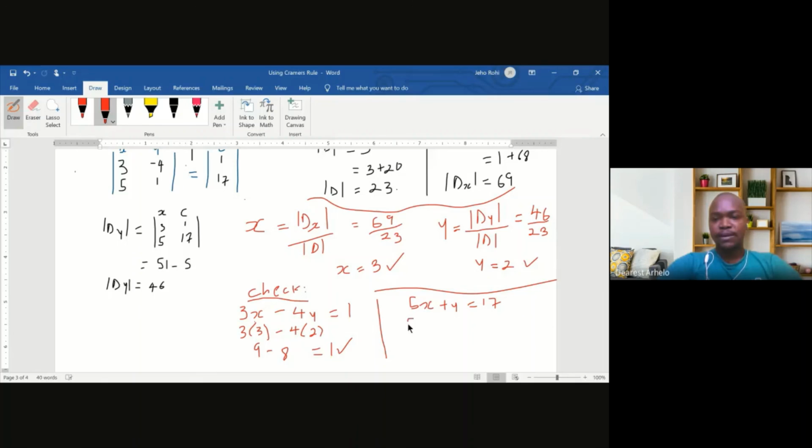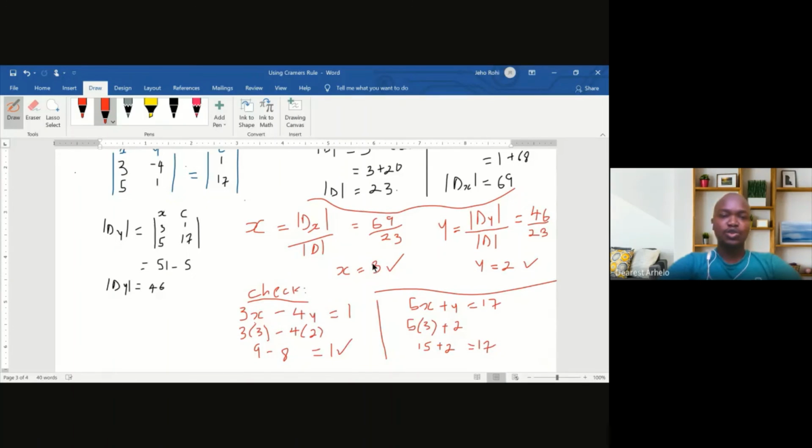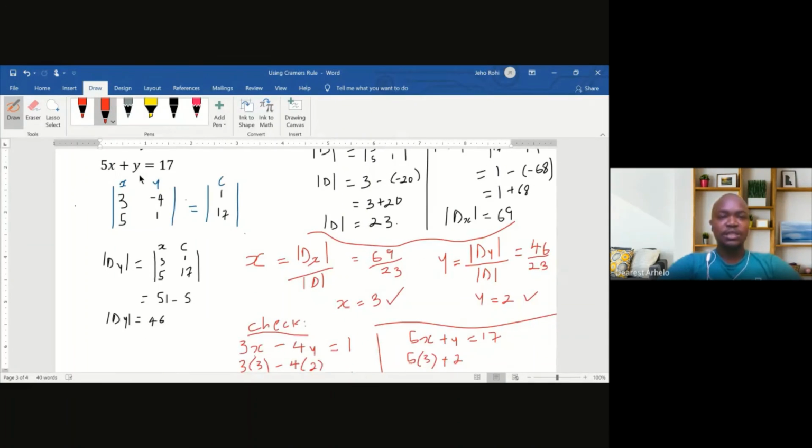So we have 5 times 3, since x is 3, plus 2, since y is 2. 5 times 3 is 15, plus 2. So 15 plus 2 gives us 17. So we are very correct. So the solution to this equation is x is 3 and y is 2.